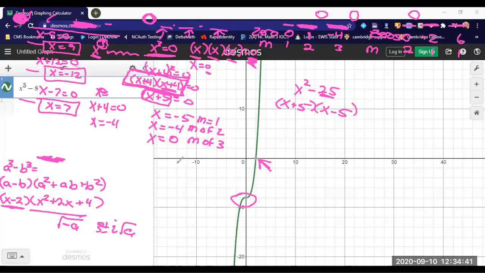If you remember, complex numbers, they aren't on the x-axis. They're either floating around up above or floating down below. In this case, because remember, we said that if it's got a power of 3, it has to have 3 zeros. Well, it's got 1 here and 2 here. They're complex zeros.